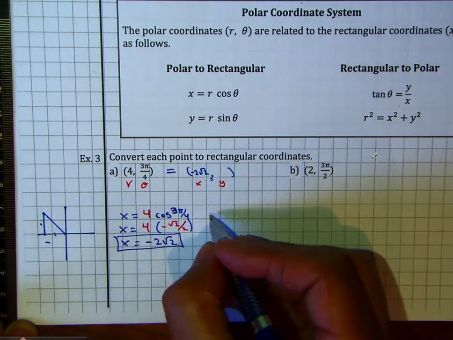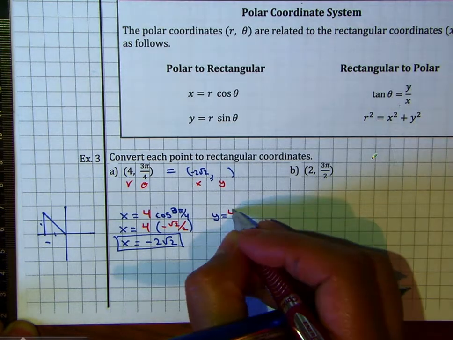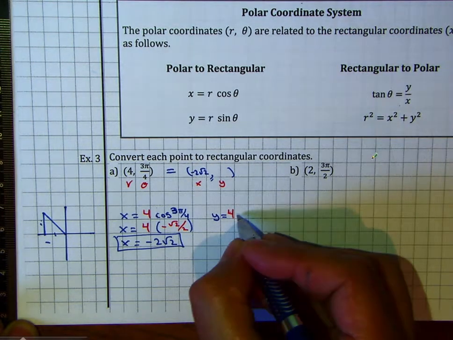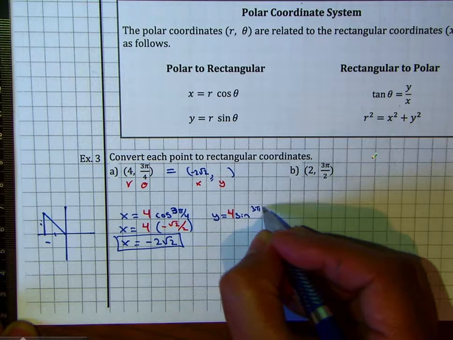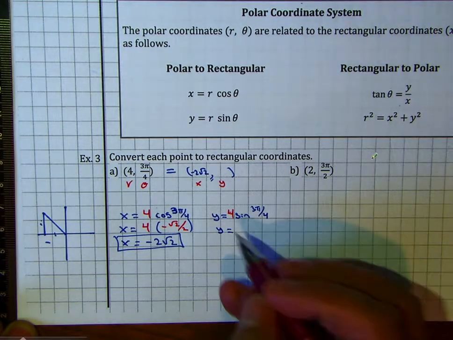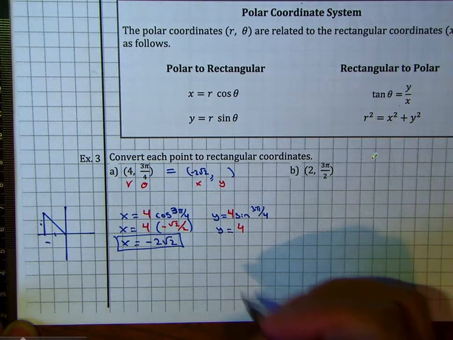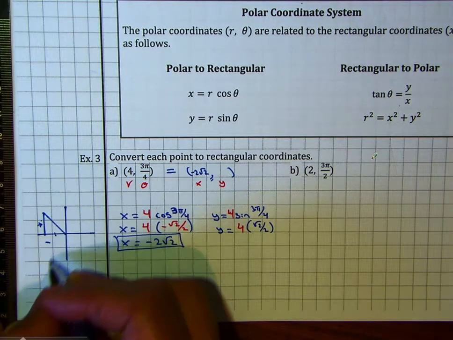Now to be able to find your y value, I'm going to use my r, which is 4, by itself, sine, because my y value will use the sine of 3 pi over 4. Your y value will be square root of 2 over 2, and that will be positive because it's going up.